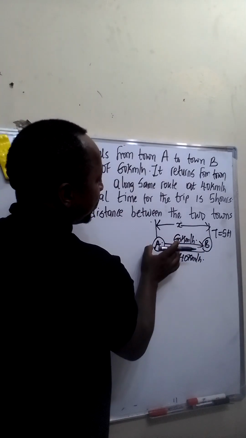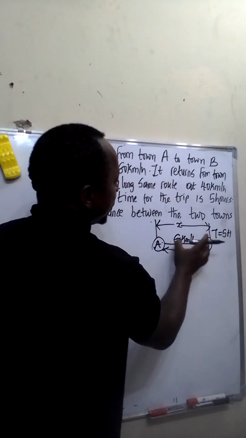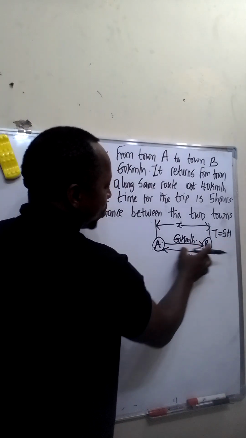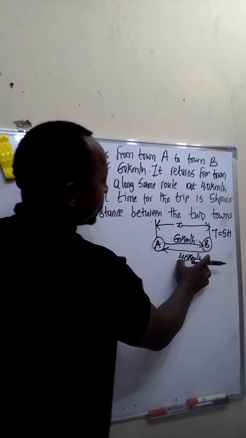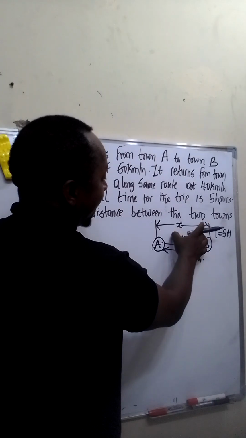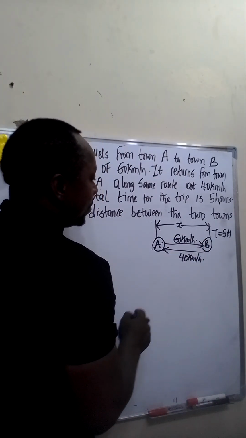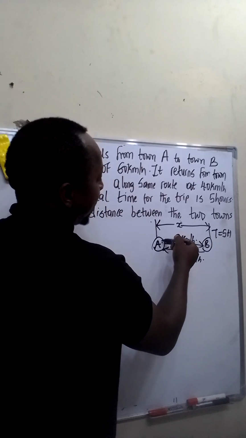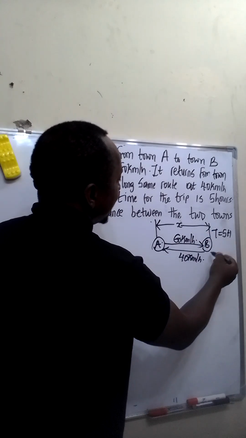When the car is moving from town A to town B, the speed is 60 km per hour. When the car is returning back to town A, the speed is 40 km per hour. It implies the time taken will not be the same. It also implies it will take a shorter time to move from town A to town B than from town B to town A.